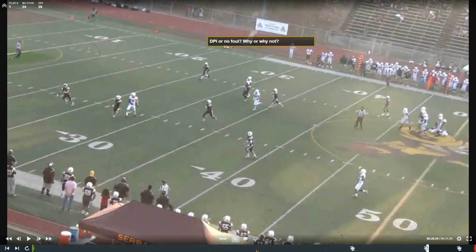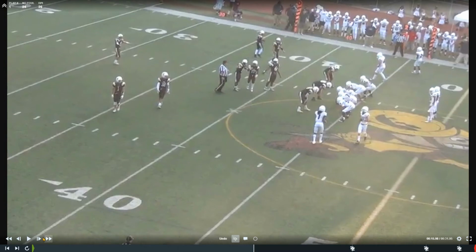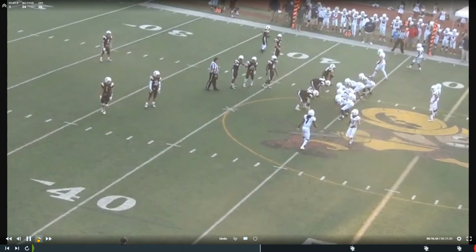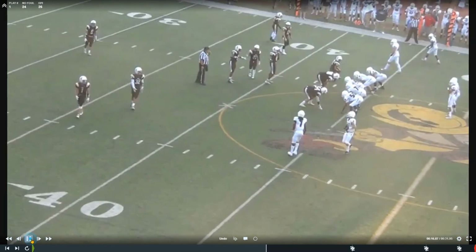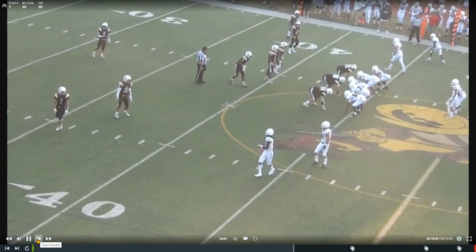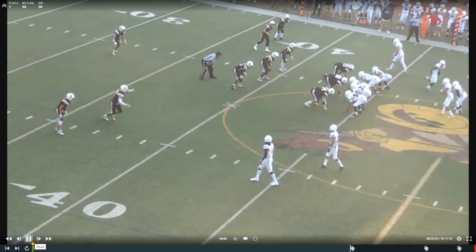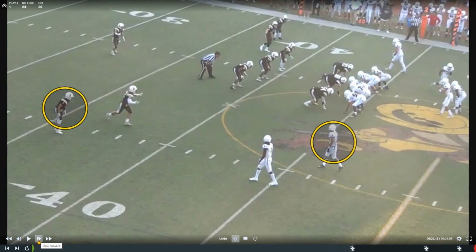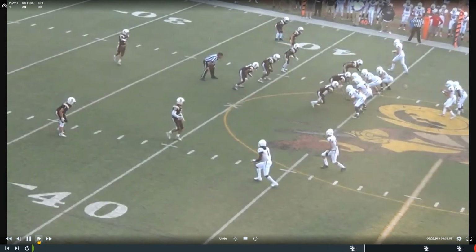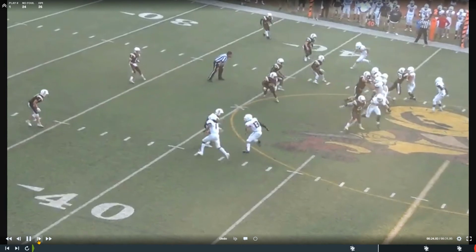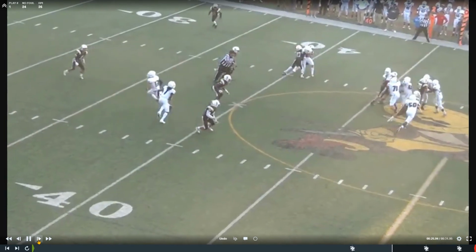Okay, let's watch it again. Now, I think we can all agree this is early contact, right? But let's take a look at some of the other components.